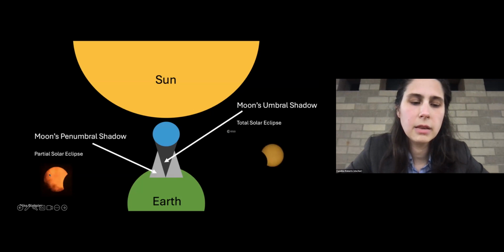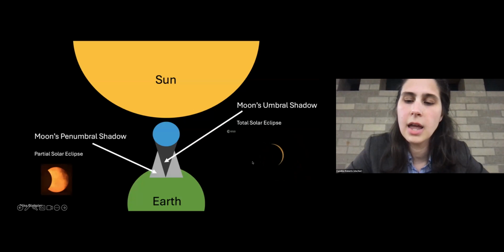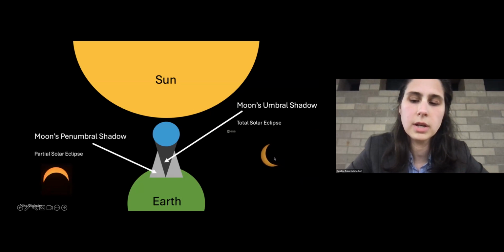And because of that, there's this nice happy coincidence where the shape of the moon in the sky looks just like the shape of the sun in the sky. And that allows us to have the possibility of a total eclipse where the entire sun is blocked perfectly. And the only thing we can see is this outer atmosphere.